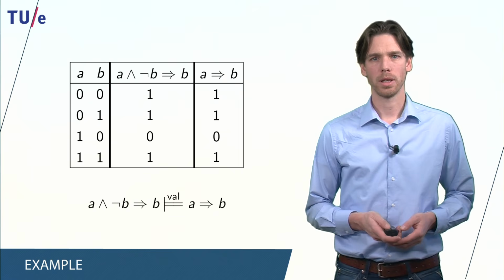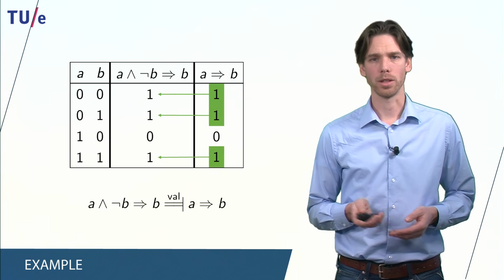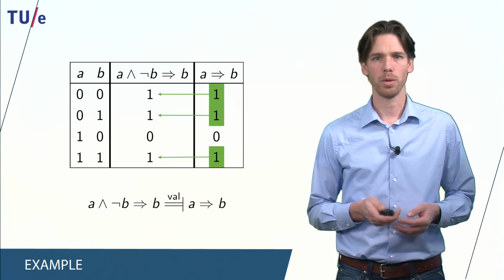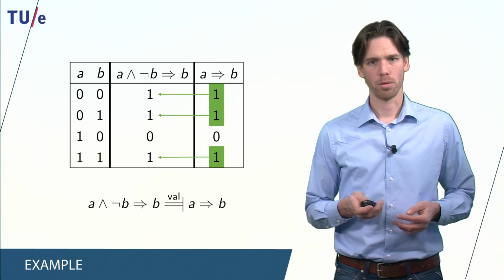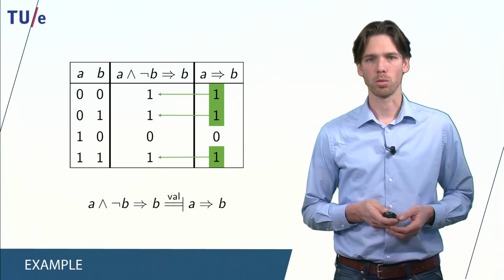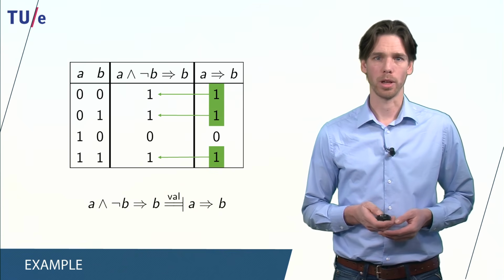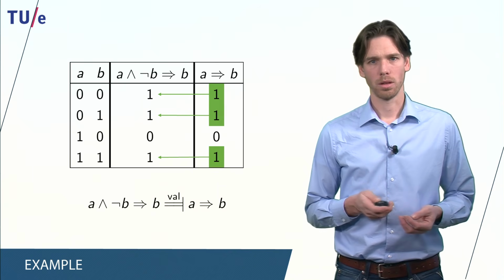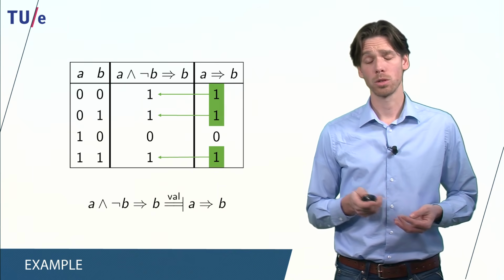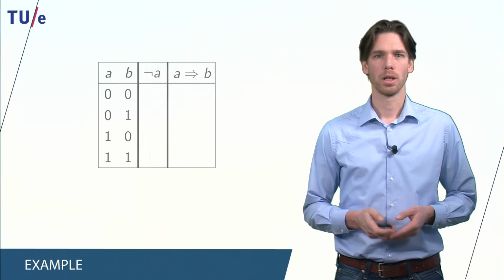But we also have that the ones are carried over from right to left. Whenever A implies B is true, then so is A and not B implies B. And therefore, we can conclude that A and not B implies B is also weaker than A implies B. So here we see that the logical consequence goes in both directions.